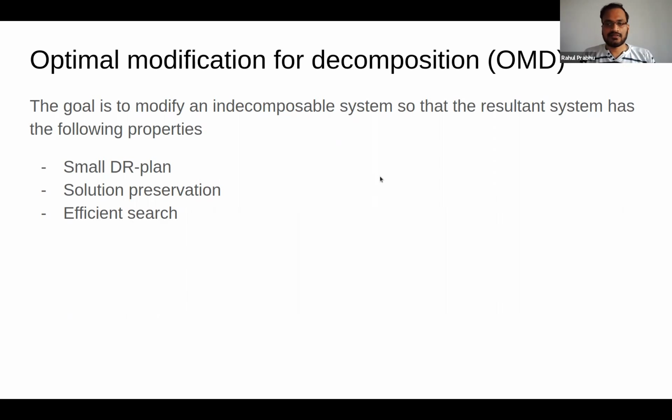Let's say you have n subsystems that you want to combine. This idea of optimal modification talks about how we can modify the node slightly so that instead of getting this indecomposable system, we get a small DR plan that preserves the solutions of the original system before modification. And then it should also be very easy to search for the original solutions in the modified system.